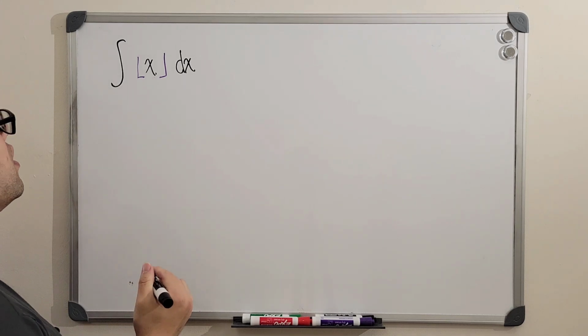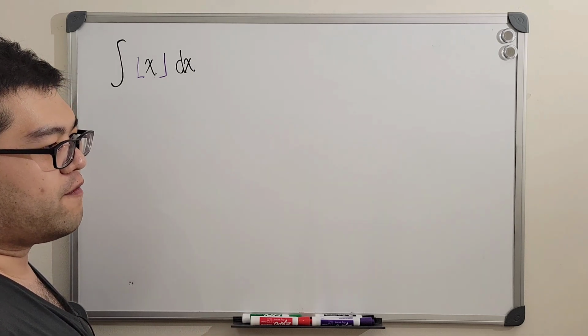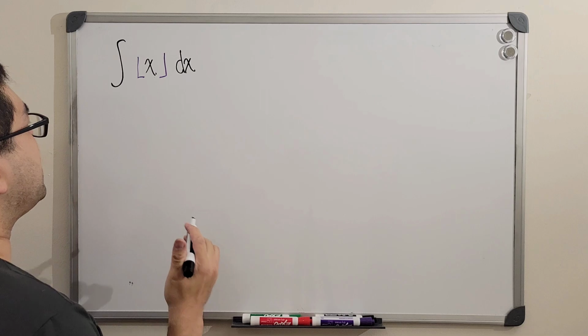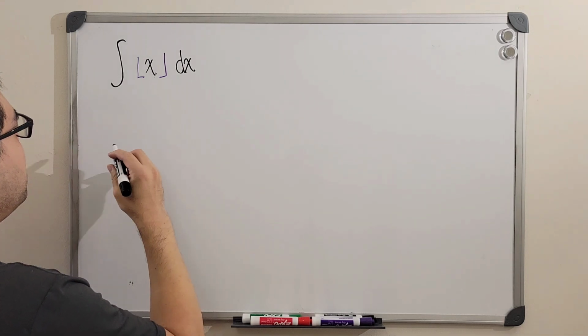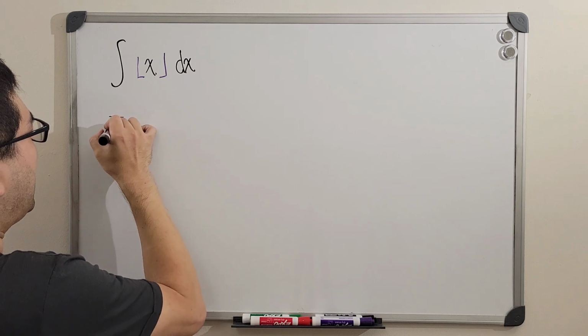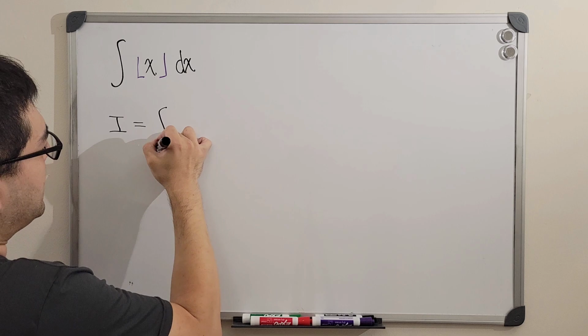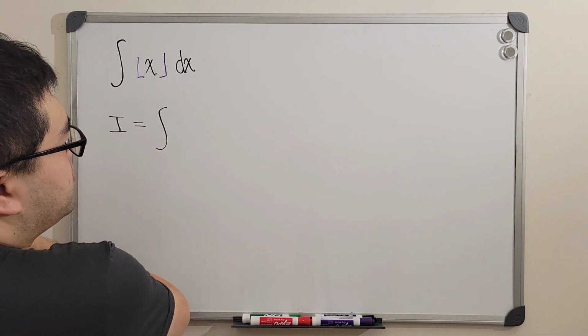First, we need to use the fundamental theorem of calculus, which says that we can first call this integral, let's say, I, and then rewrite the integral as follows. Instead of calling the variable x, we're going to use a dummy variable to replace it.